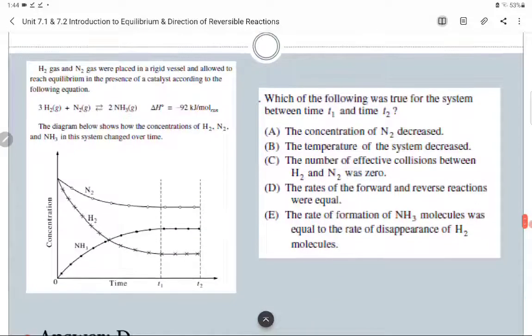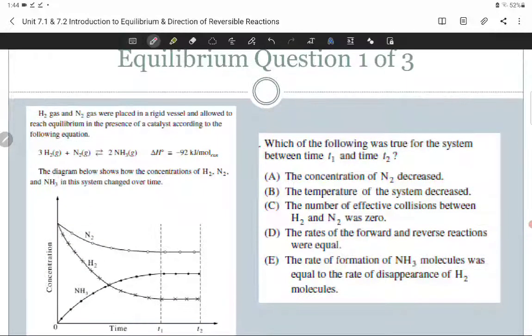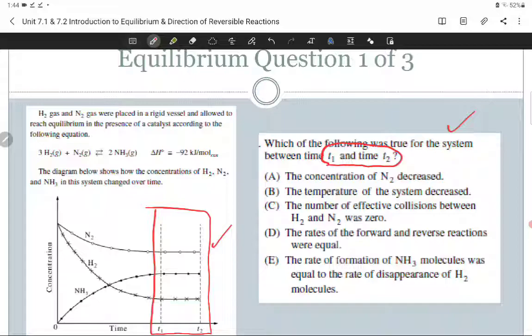So let's jump into a couple of questions here. Here is our graph that's going to go with the question, and here's what we have to answer. This question is going to be about what's going on between T1 and T2. That's T1 to T2. So what's going on there? We just learned that when those graphs go horizontal, that's equilibrium.